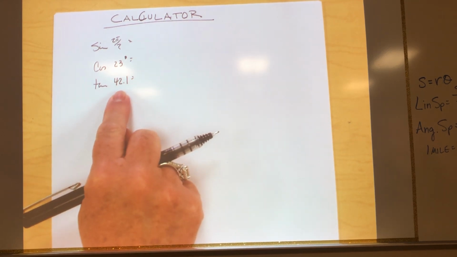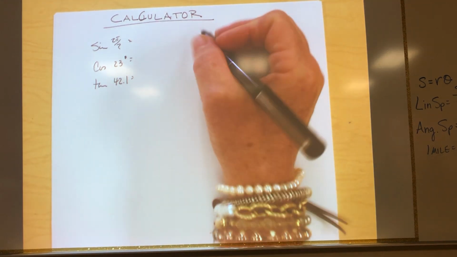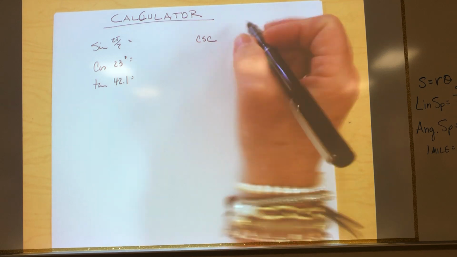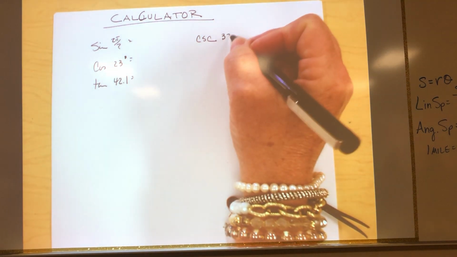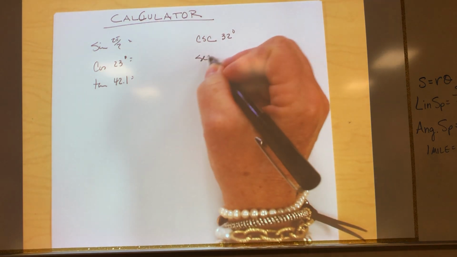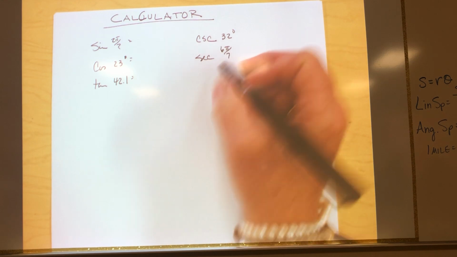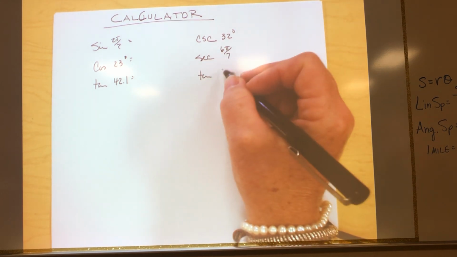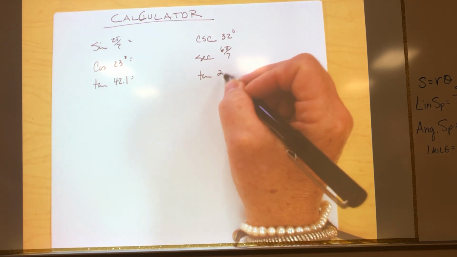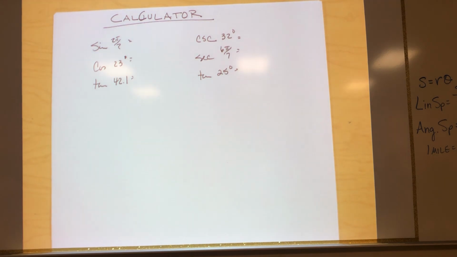So, what if I did the cosecant of 32 degrees, or the secant of 6 pi over 7, or the tangent of 25 degrees? You do the same thing that you do.